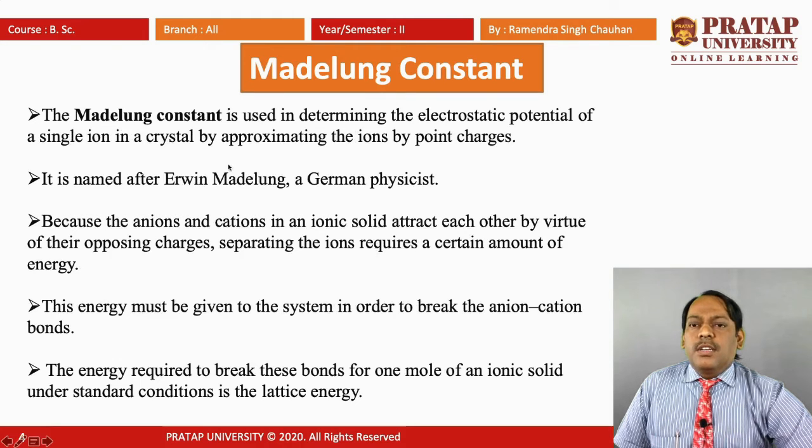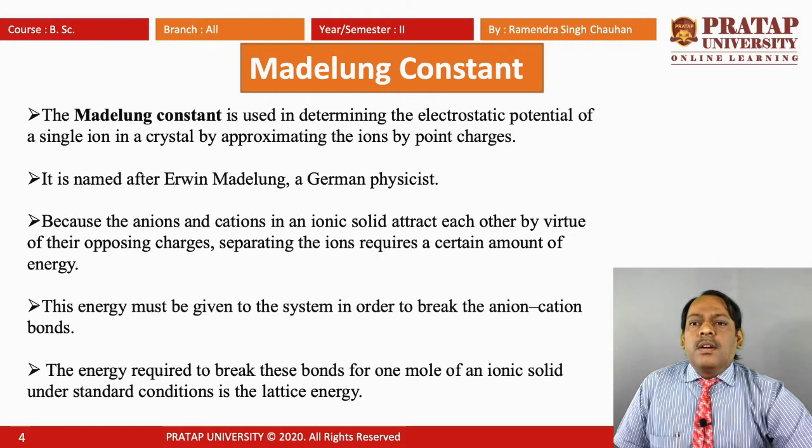The Madelung constant is used in determining the electrostatic potential of a single ion in a crystal by approximating the ions by point charges. So for determining the Madelung constant, we are going to consider the ions as point charges. What are point charges? Where we consider all the charge concentrated at the center of the ion.